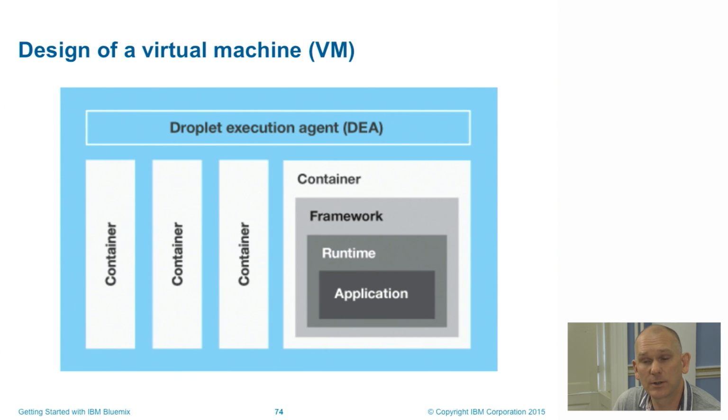And then within each container, I have a framework and runtime. These come from the buildpack, which we'll talk about later on, and then my application sits within that runtime.